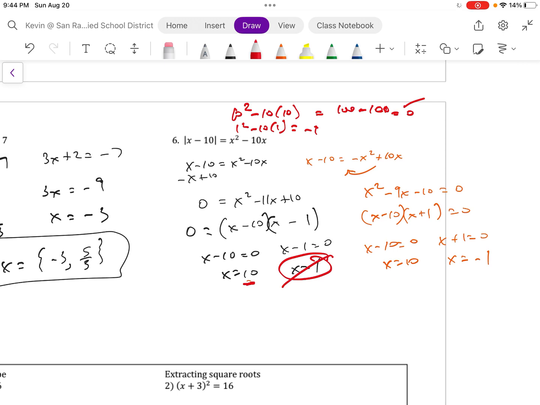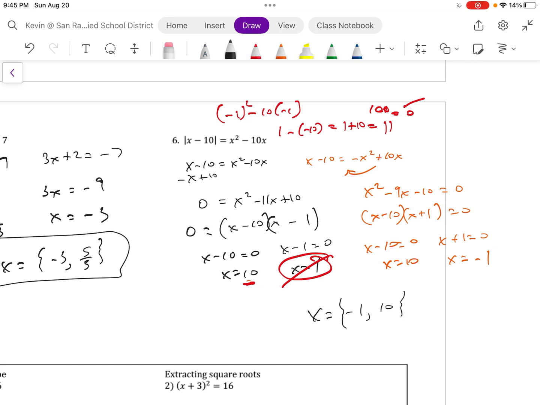Let's see about negative 1. Negative 1 squared minus 10 times negative 1. Negative 1 squared is 1, minus negative 10. That's 1 plus 10. That's 11. That's positive, so that's good. Okay. There's our solution set.